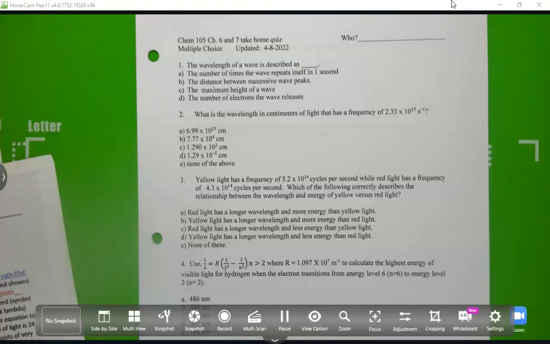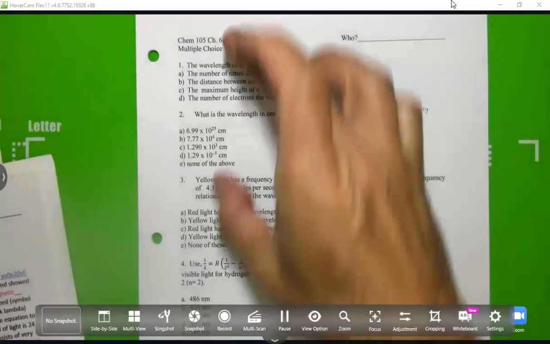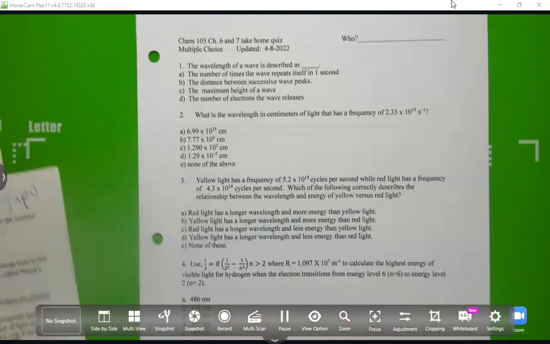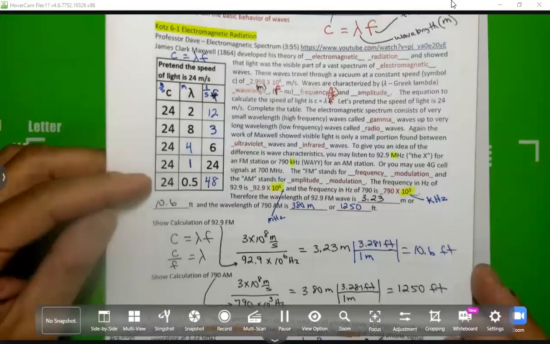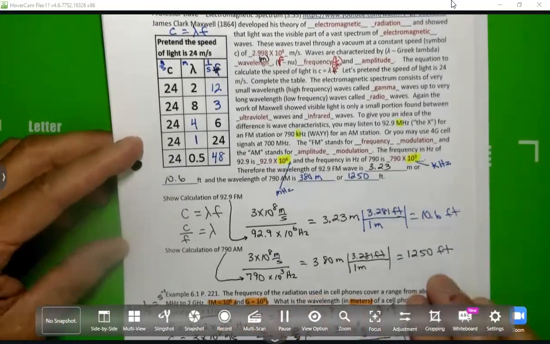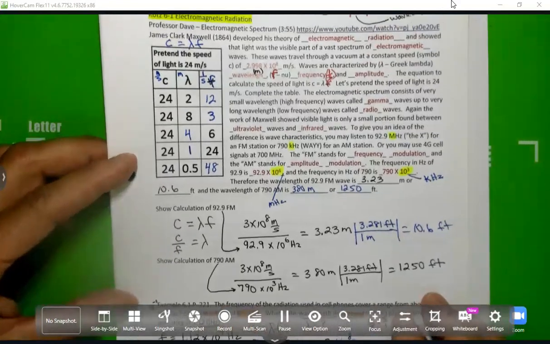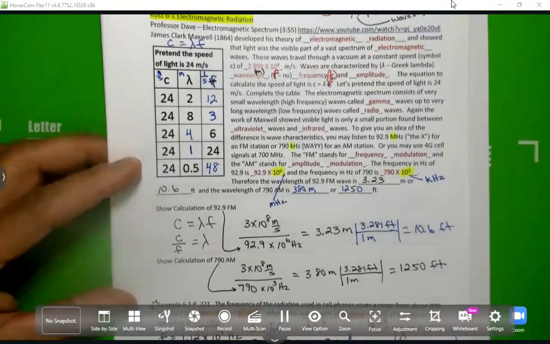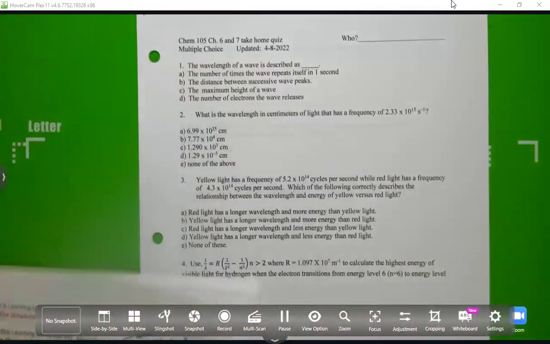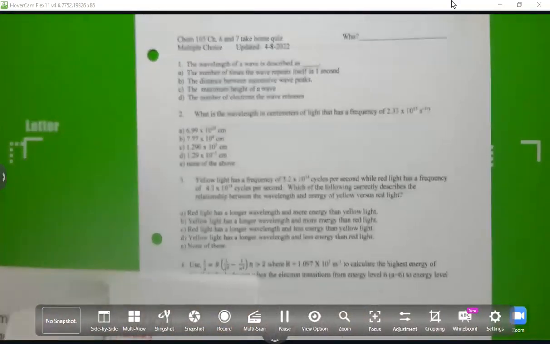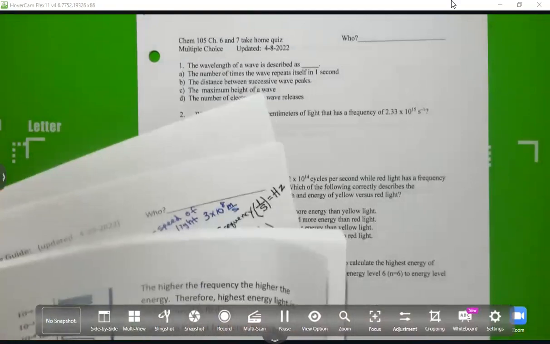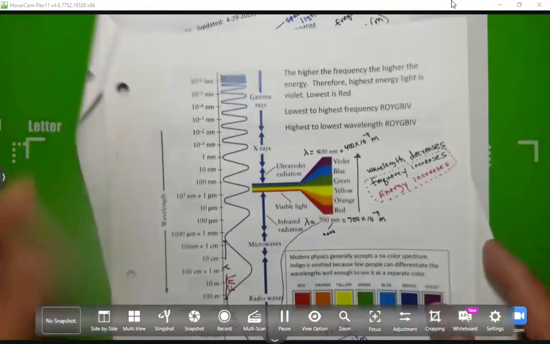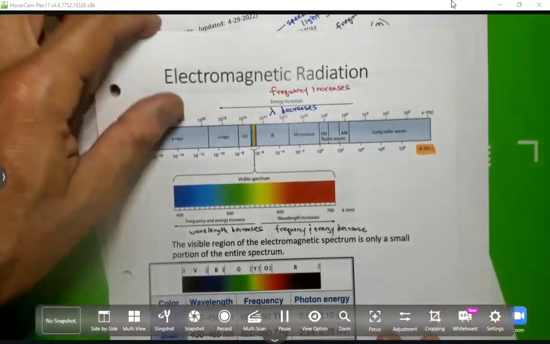Okay, let's see. In the recording I sent you, we got through page 1 and then 1 through 3 on this quiz. On page 1, we calculated the wavelength of AM versus FM on a couple of stations, and we talked about the difference in energy based upon the frequency.